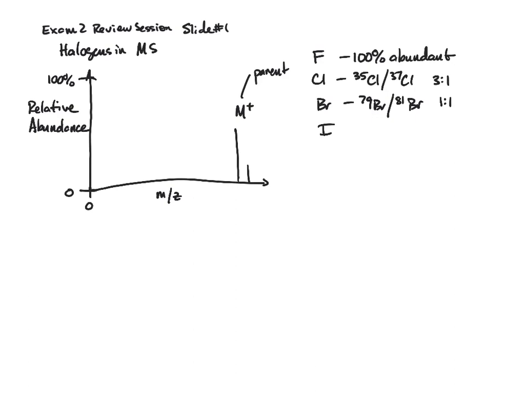So the other line we can say is M plus 2 plus. So hopefully that doesn't confuse you. The plus 2 just means that would be the molecule that has chlorine-37 in it, or bromine-81. It's just 2 mass units higher.